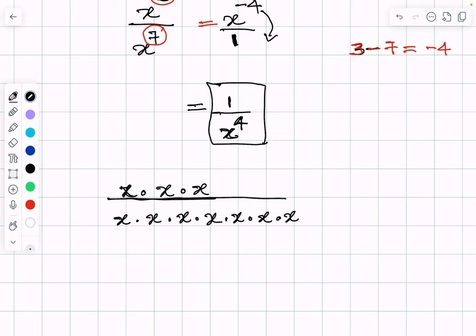Now cancel these 3 x's from over here and 3 from here. So now only 4 x's are left in the denominator. So we have over here 1 over x to the 4th power. That's how we got the answer.